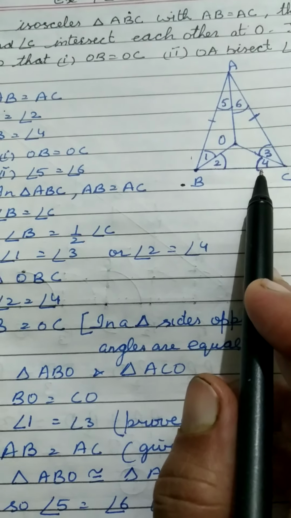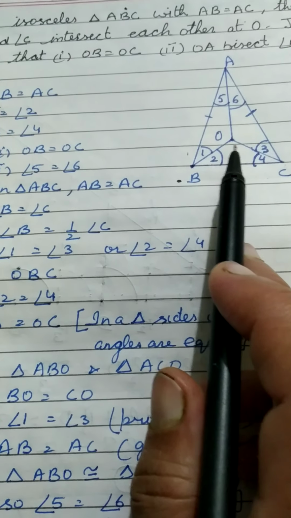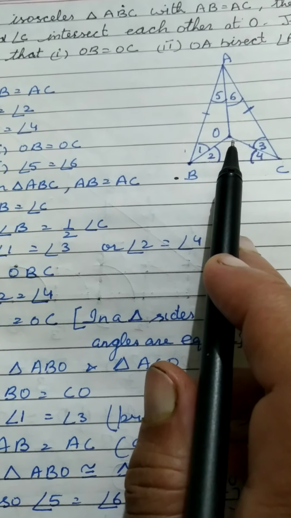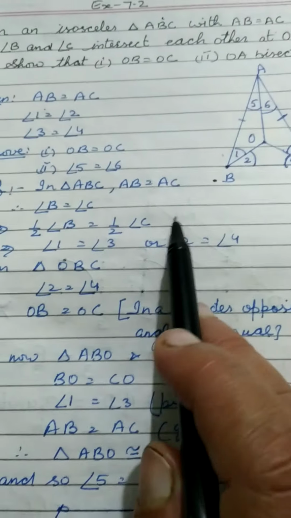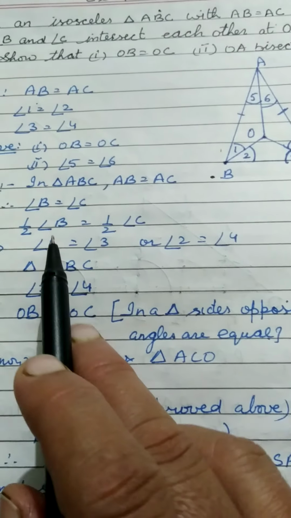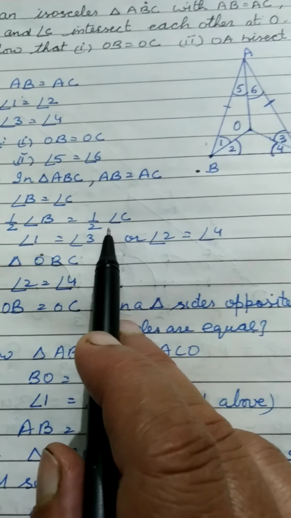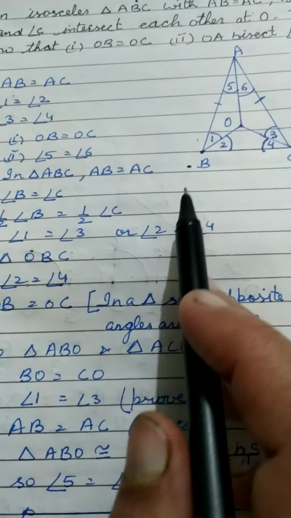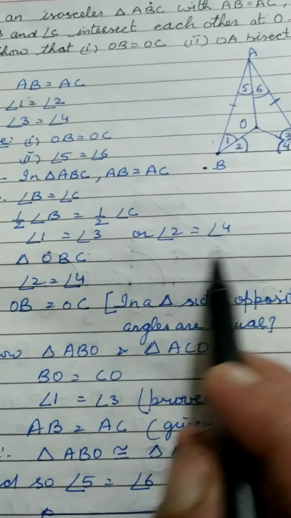Now if angle 2 is equal to angle 4, it means the sides opposite to equal angles are equal. It means that OC is equal to OB. Then from here, half of angle B is equal to half of angle C, means angle 1 is equal to angle 3 and angle 2 is equal to angle 4.